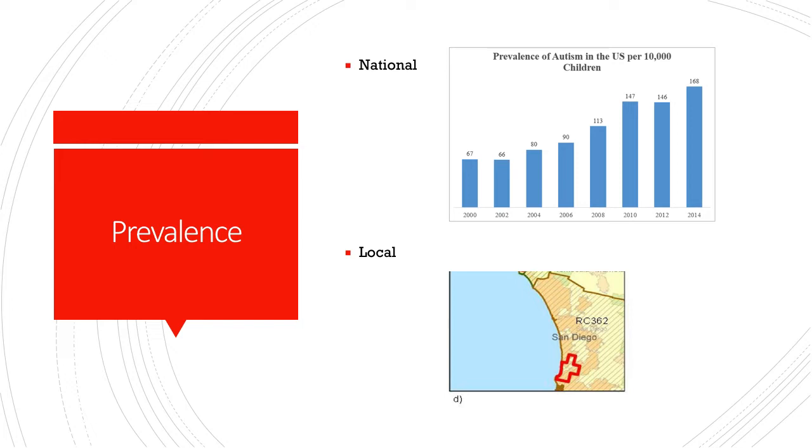As San Diego and California are not part of the CDC tracking sites, we have to use different data sets. The State of California Department of Developmental Services, DDS, provides autism data for California based on the data collected by regional centers who provide services for individuals with autism.